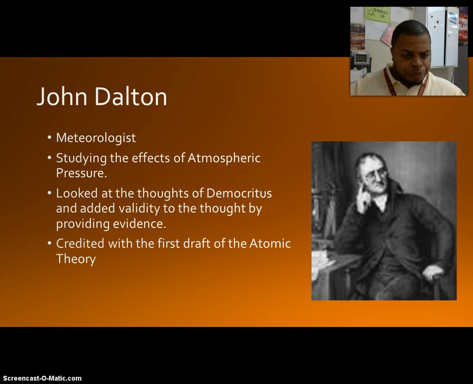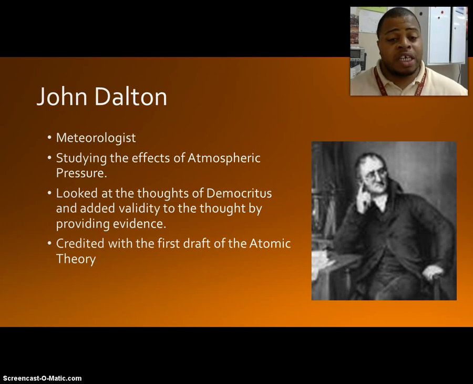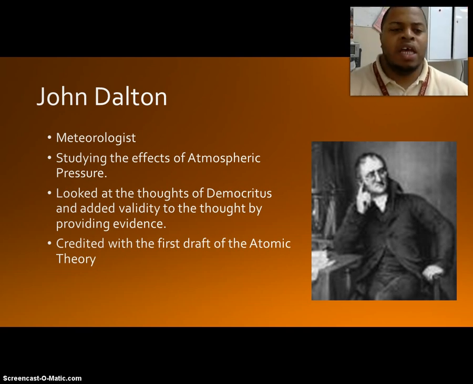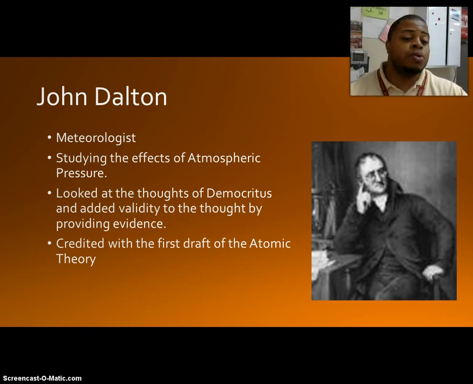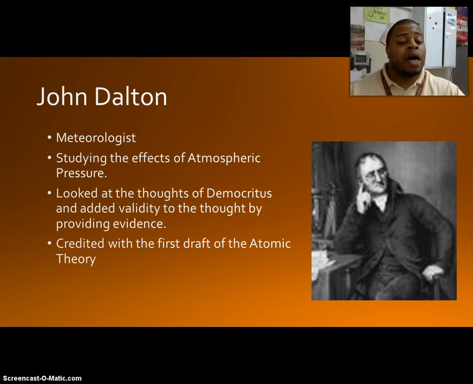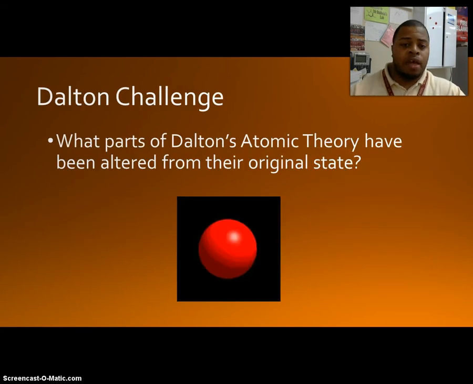Now, take a moment, look in your textbook, and read through the information about the original atomic theory, because in a few moments I'm going to ask you to compare it to the modern atomic theory. What's changed? What's different? What stayed the same? How can we account for these changes, and what is our evidence that they have changed?